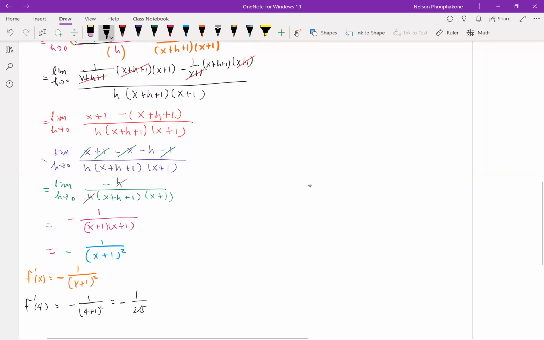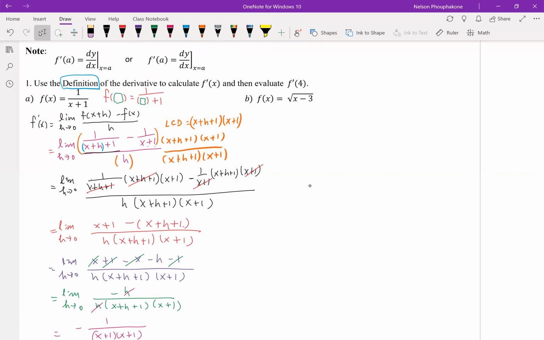Now you could pause the video and try to see if you can take care of part B. Then let me show you the solution.